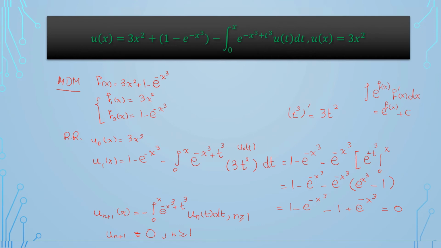And that will lead us to this conclusion, which is that u of x is equal to u naught of x, which is equal to 3x squared. And that shows us that we were lucky in choosing f1 of x and f2 of x.